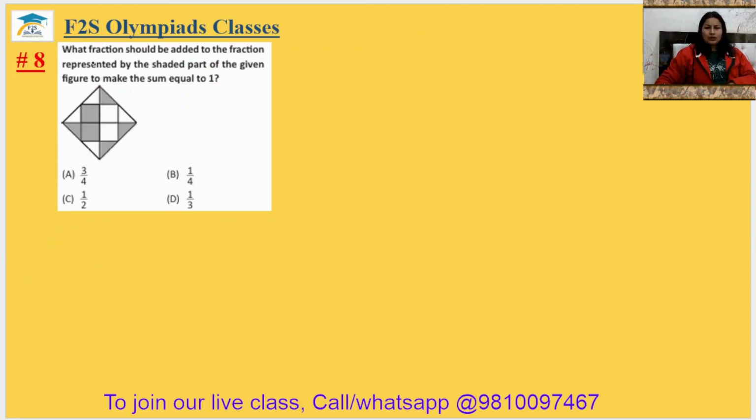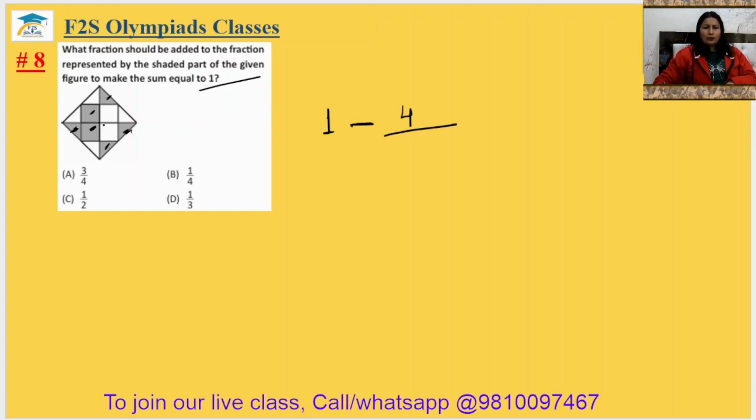Question number 8. What fraction should be added to the fraction represented by the shaded part of the given figure to make the sum equal to 1? So it means 1 minus the shaded part. How many parts are shaded? 1, 2, and this part will make 1 square, 3, and this part will make 1 square. So 4.